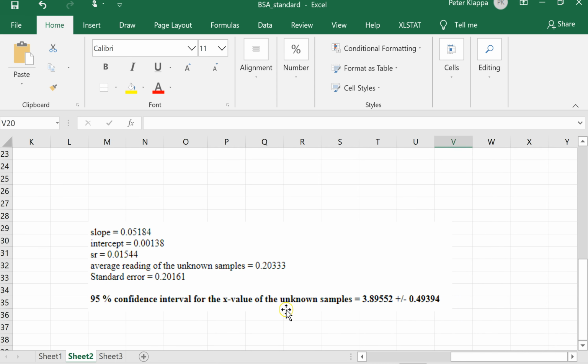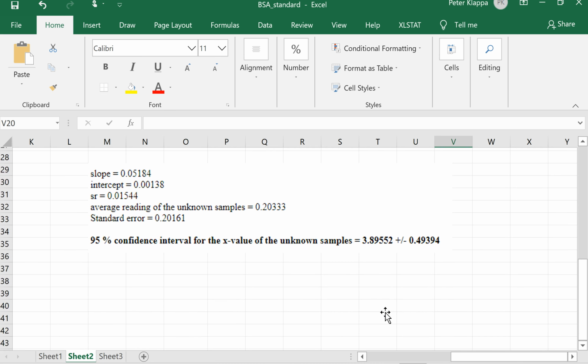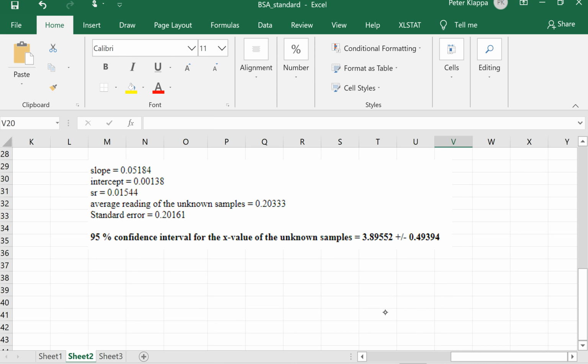So what this program calculates is a 95% confidence interval for the X value of the unknown sample, and we get here, let's round this a little bit, 3.9 plus or minus 0.5 microgram BSA.